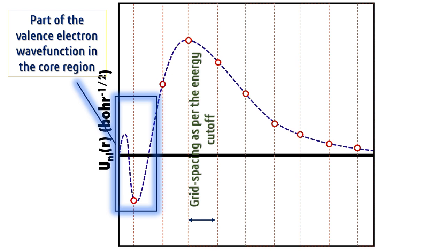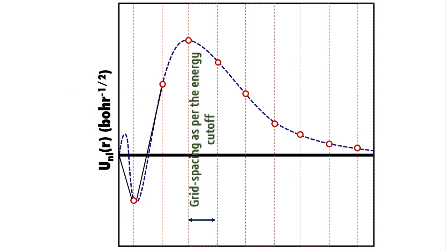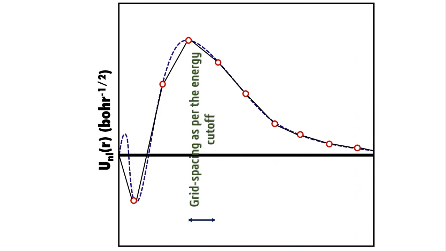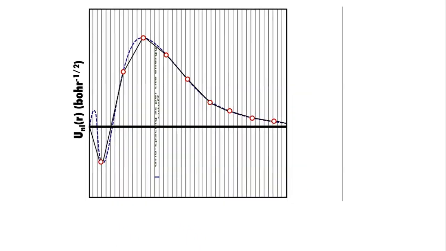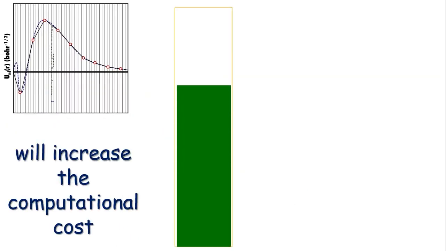Here in this picture, you can see how the wave function would look using the grid that originates from a lower energy cutoff. Of course, one way out here is we may try to fix this issue by using a finer real space grid, or in other words, a higher energy cutoff. But the sole purpose of us is to reduce the computational cost by using a lower energy cutoff, right?